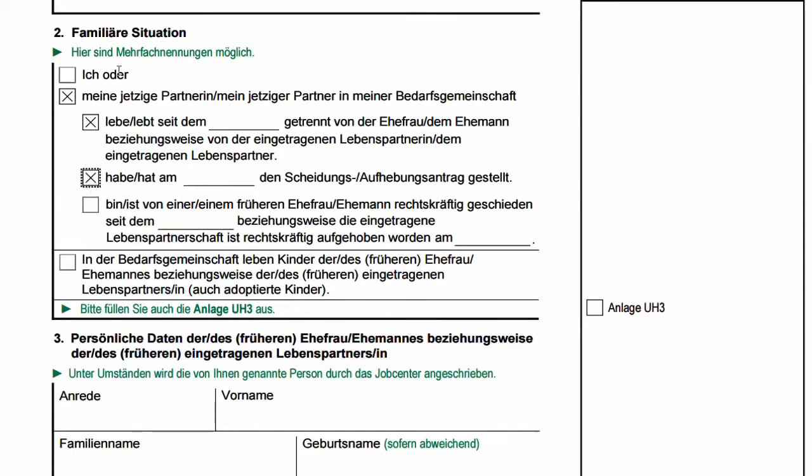If you or your current partner has already been divorced from his or her former wife, husband, or partner, you should write here the date in which this divorce has been done or the date of the divorce. And if this has been a same-sex partnership and this has been dissolved, then you write the date of the annulment or dissolving of this partnership here.